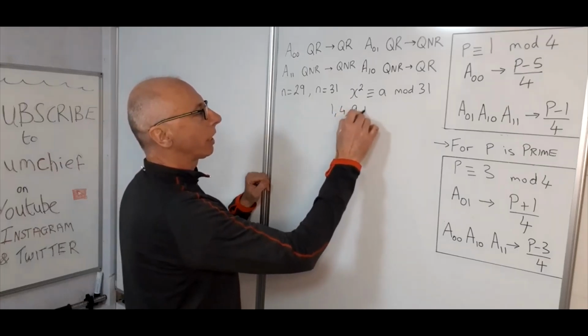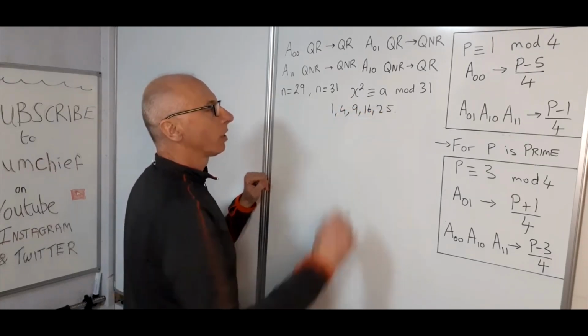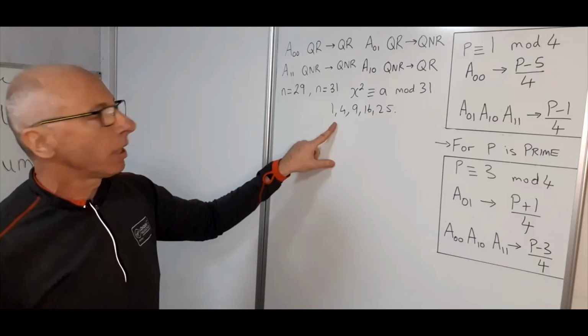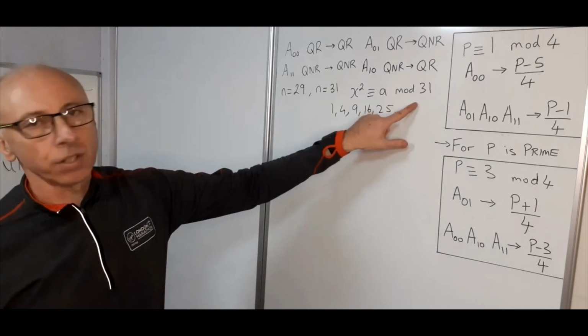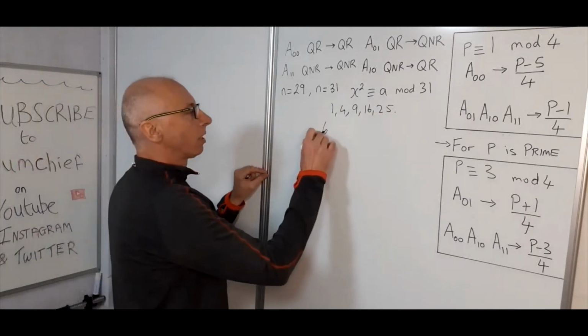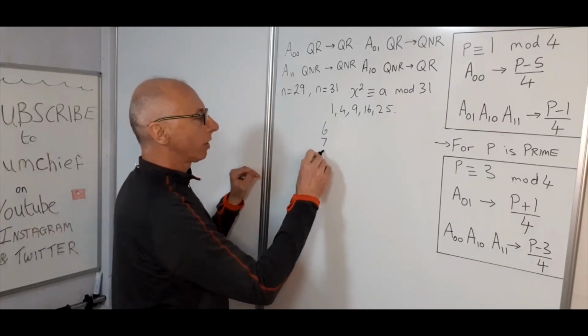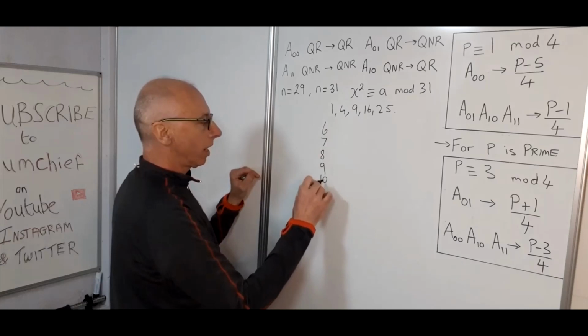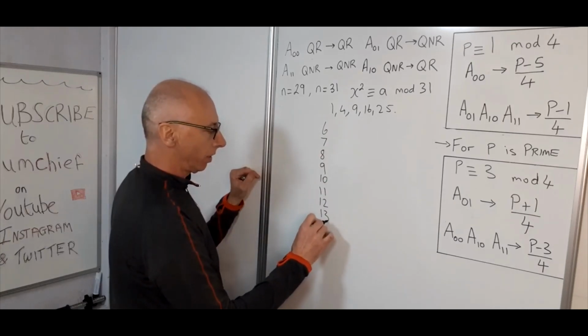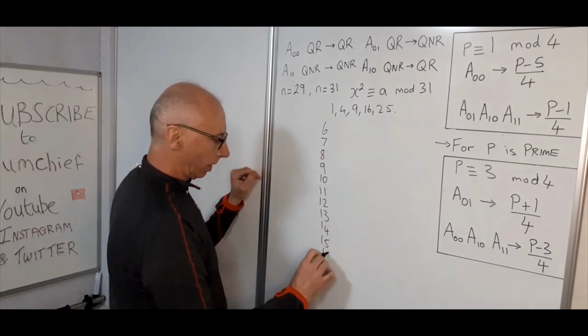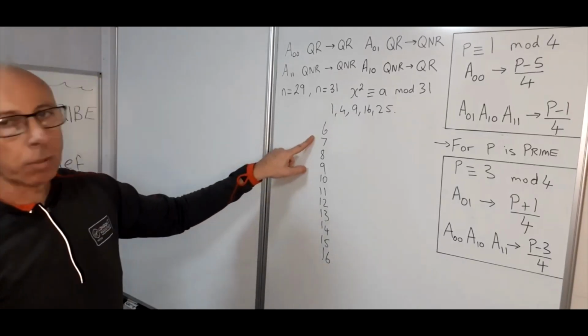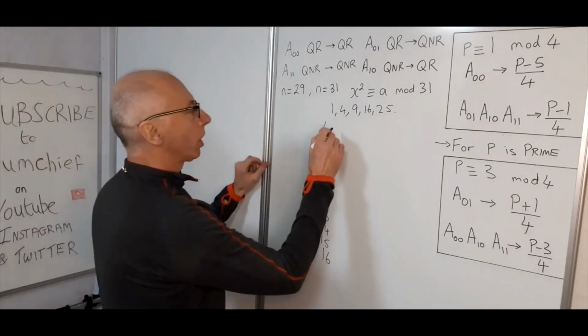So we've got 1, 4, 9, 16 and 25 straight away. Now we need to go from 6 to 16. So 16 is just past half of 31. So 6, 7, 8, 9, 10, 11, 12, 13, 14, 15, 16. So now we're going to square all these numbers modulo 31.